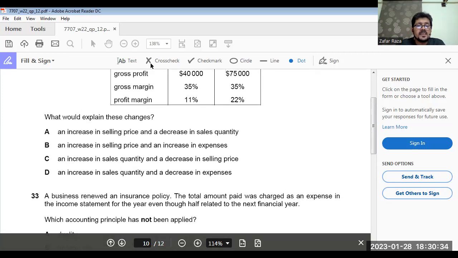Increase in selling price and a decrease in sales quantity, no. Increase in selling price, increase in expenses, I don't think so. Increase in sales quantity and a decrease in selling price, no. Increase in sales quantity and a decrease in expenses, yes.